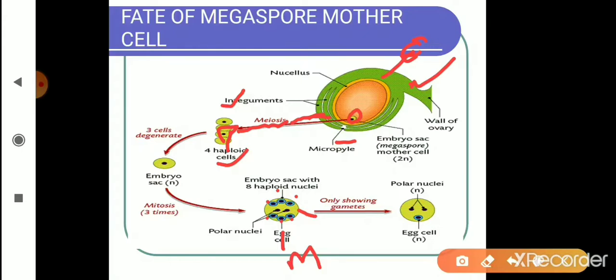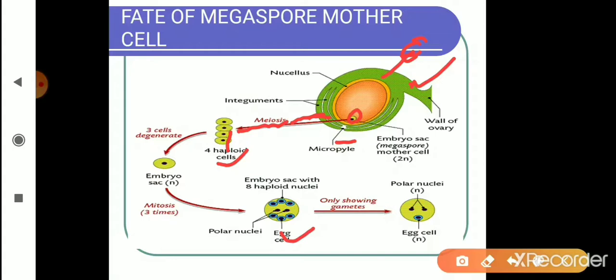Out of these 8 nuclei, only the egg cell is called the female gamete. It will take part in fertilization and form the seed. So the female gamete is only the egg cell. The other 7 cells will degenerate and have some supporting function.